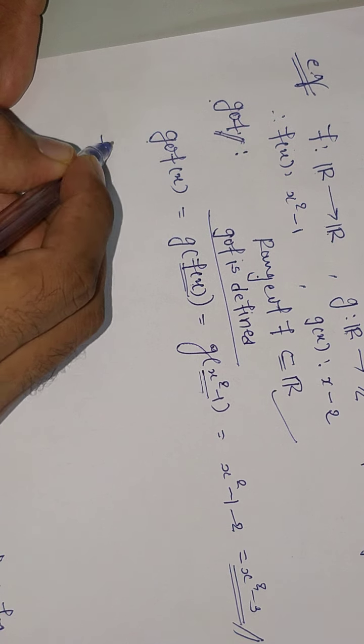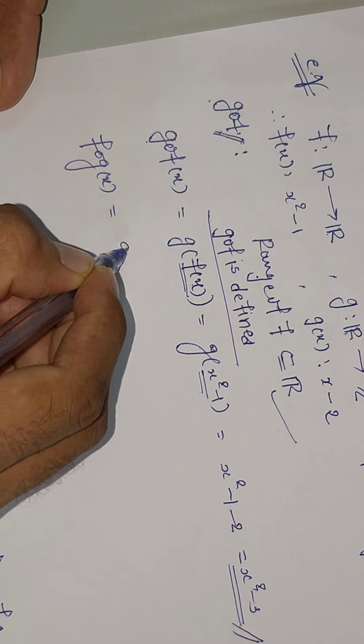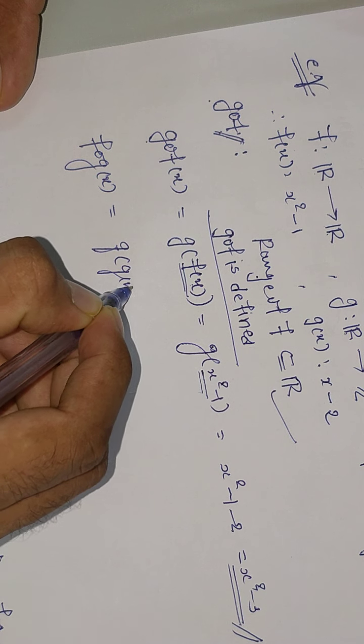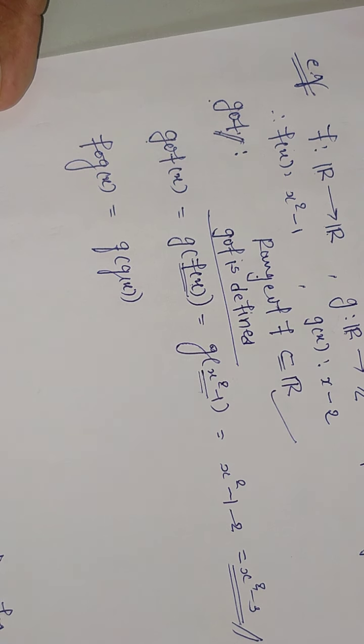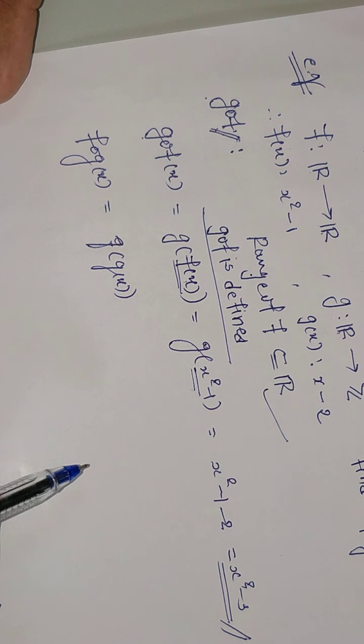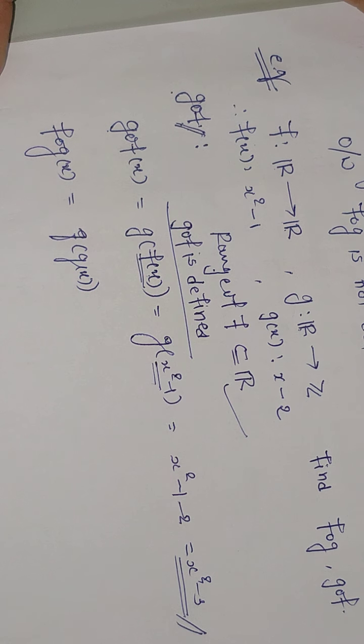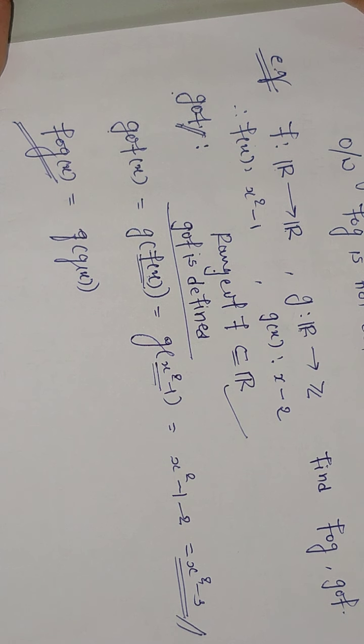Now the second one, f o g function, which can be written as f of g of x. Now g of x is what? x minus 2, right? But don't forget, we first have to check whether this composition is defined or not.